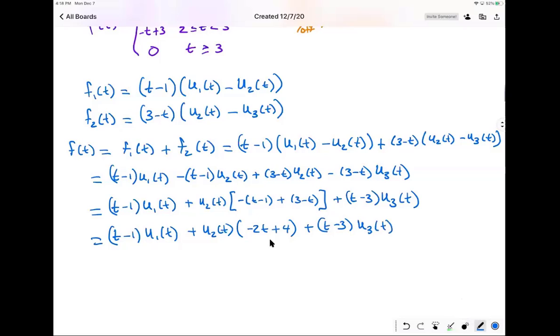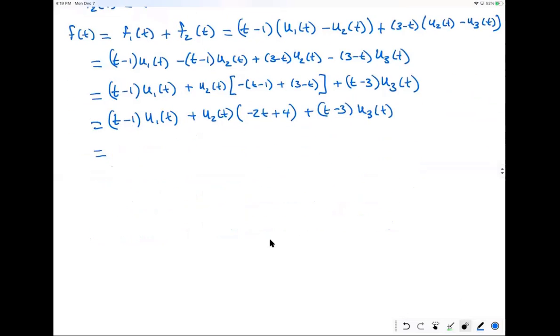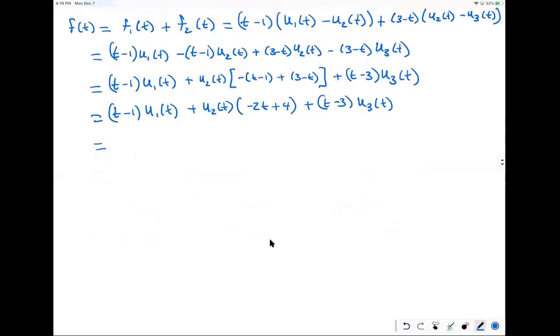And so I don't quite have the t minus 2 that I want, but I can get there by factoring out a minus 2. So I have t minus 1 times u sub 1 of t.